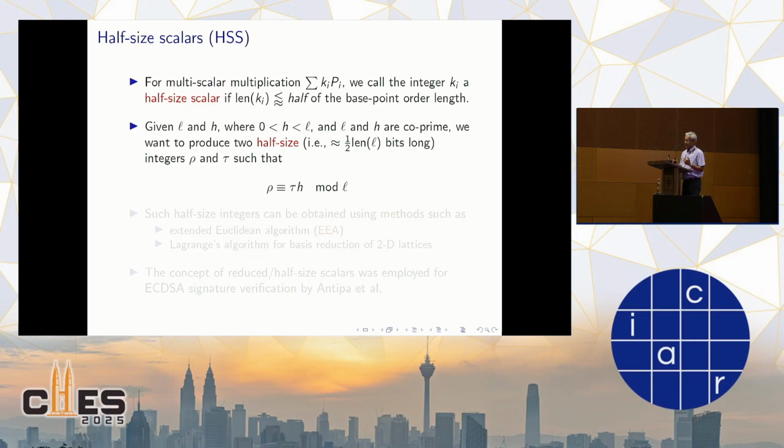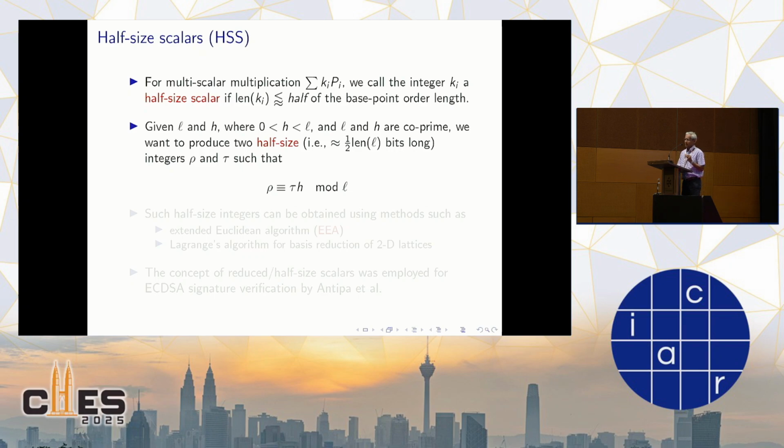So if L is 256 bits long, then an integer like k sub i is a half-size scalar if its length is half of that, meaning 128 bits or less. So we want to get this kind of half-size scalars for our scalar multiplication, especially in the context of signature verification.